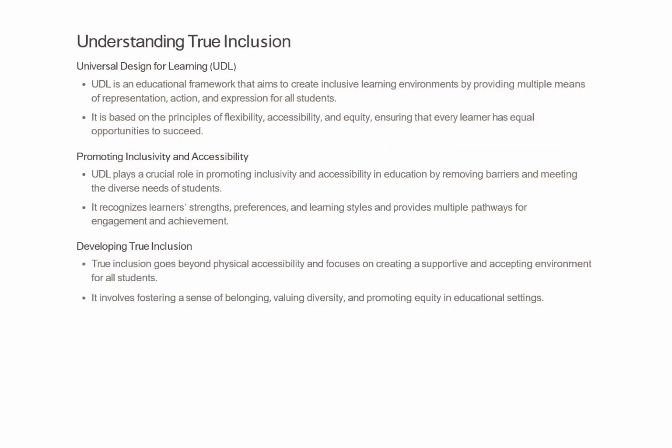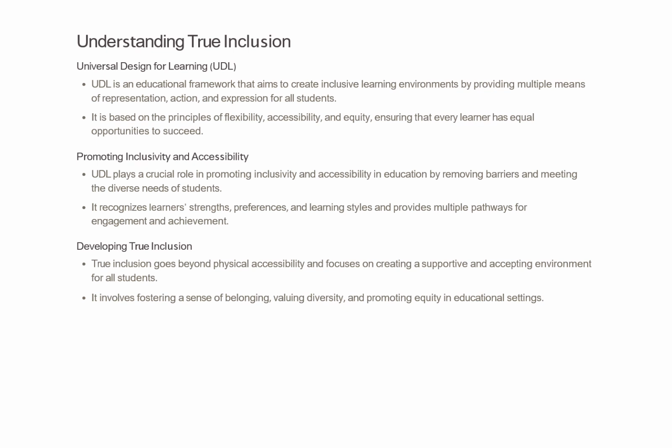In today's world, true inclusion is more important than ever. To achieve this goal, educators and schools are turning to a powerful tool known as Universal Design for Learning, or UDL. UDL is more than just a tool for making content accessible.